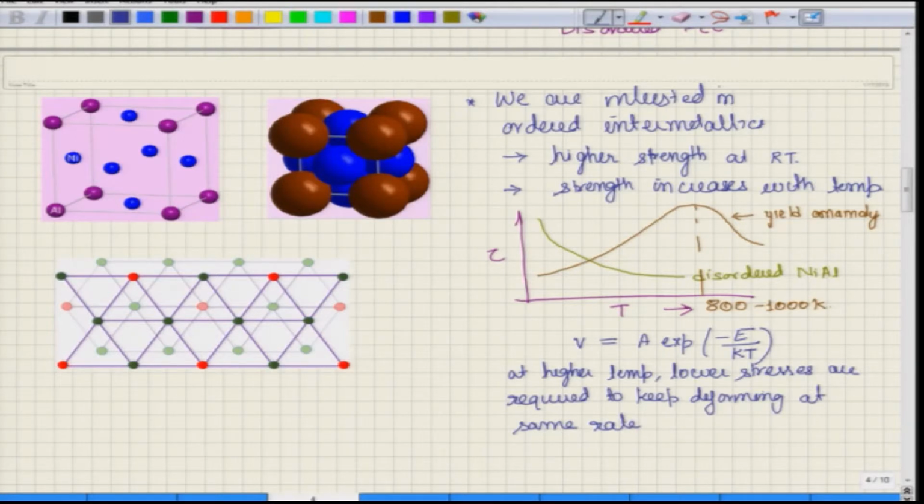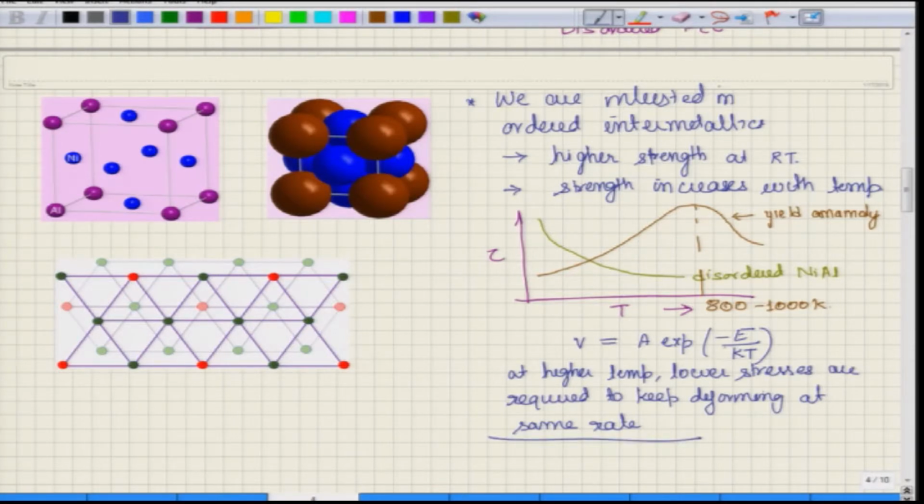So, if your V is constant and this value increases when your T increases, so this must also drop, and that is what it is saying, that the stress required to keep the dislocation moving at the same velocity reduces when temperature increases.